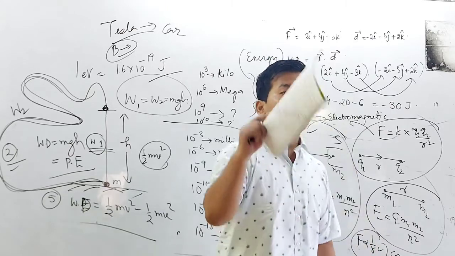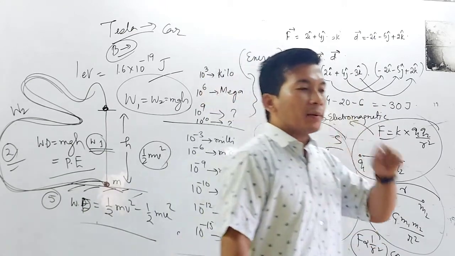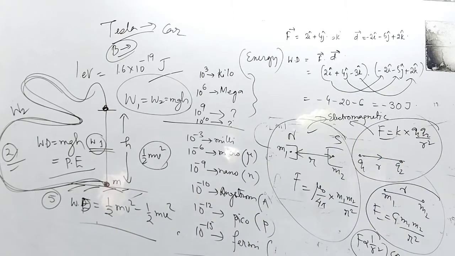What is to be remembered is that a conservative force field will be associated with potential energy. That is the final point to be remembered: potential energy will be associated only with a conservative force field.